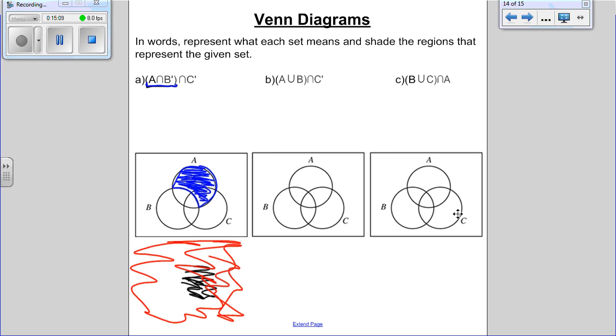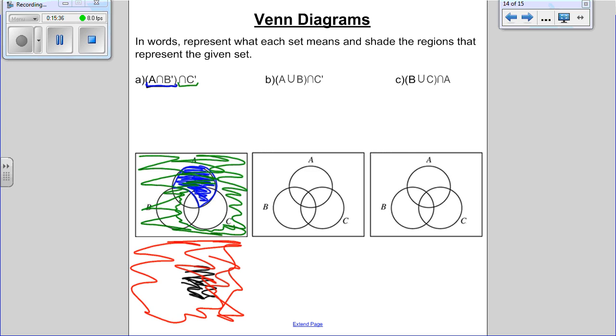So you want to take this blue portion and intersect it with what's not in C. The portions that are not in C would be this green that I'm drawing in here. And because the word is "and," you're now trying to figure out where the blue intersects the green.